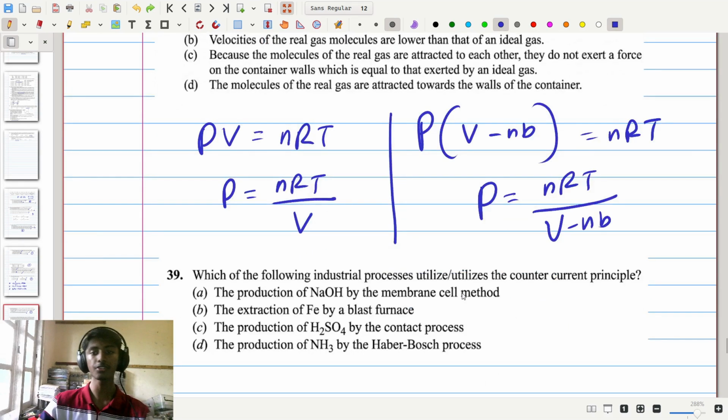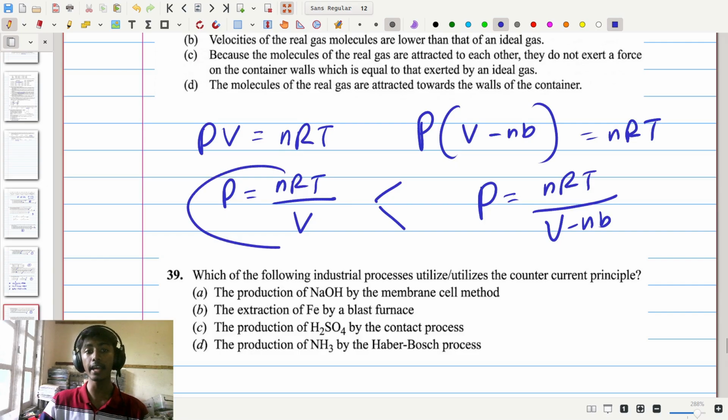Now since V minus nb is a smaller number than V, nRT divided by V is a smaller number than nRT divided by (V minus nb). So due to that, the pressure of the real gas that we assume here is going to be higher than the ideal gas that we assume based on this equation right here.